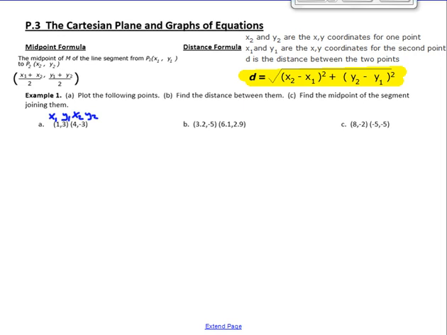So let's take a look at it. We use distance formula d equals the square root of x2, which is a 4, minus x1, which is a 1, quantity squared, and then plus y2, which is -3, minus y1, which is 3, quantity squared.